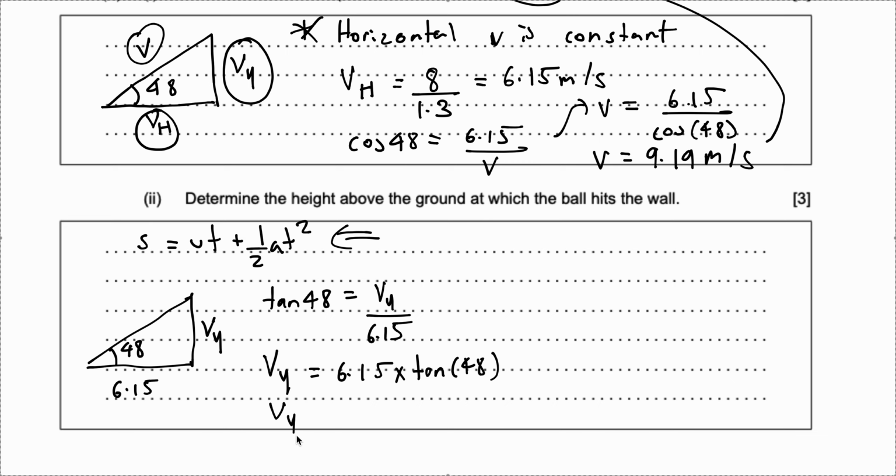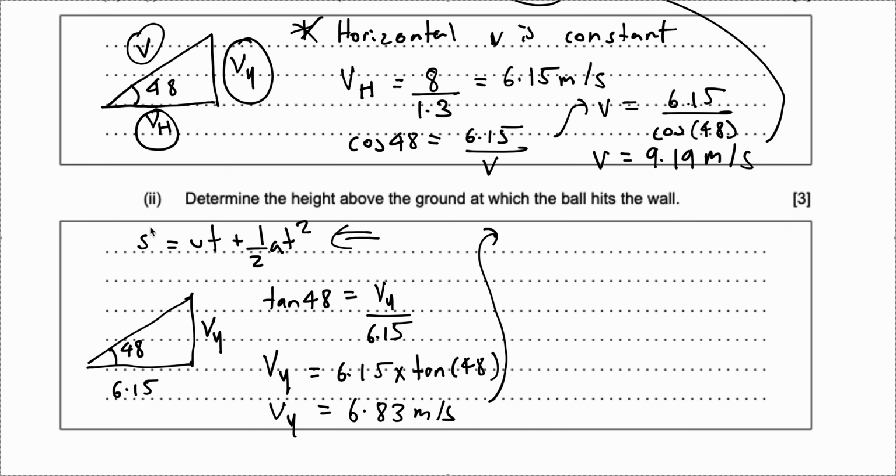Let's just put this in our calculator and see what we get. This comes to be 6.83 meters per second, and that's the vertical velocity. This is not constant, but this is the initial vertical velocity, which is all that we care about. Okay, so let's move upwards and let's continue.